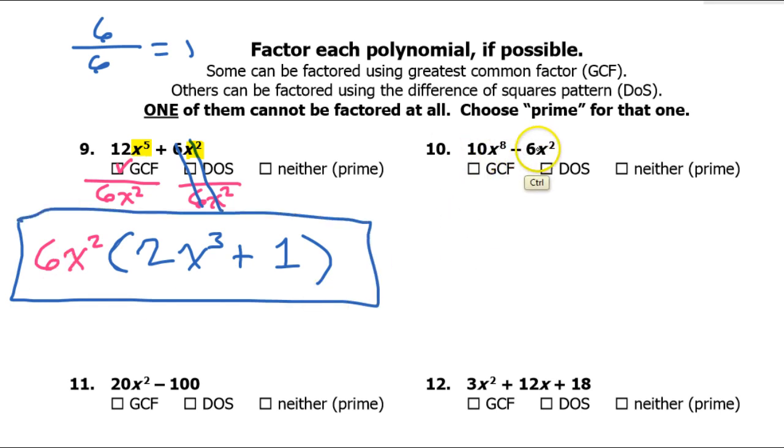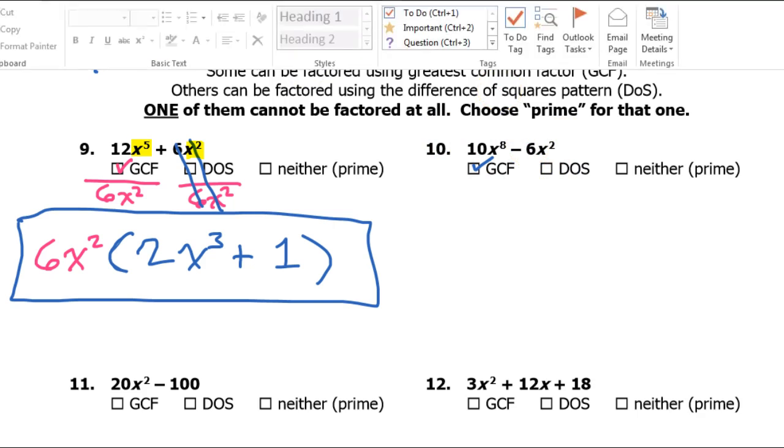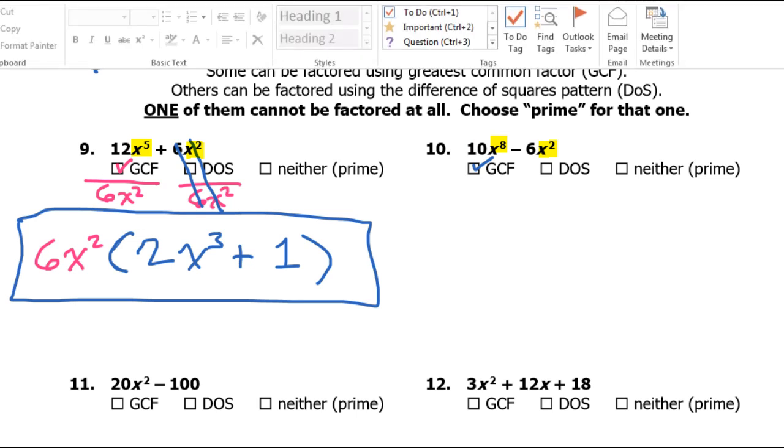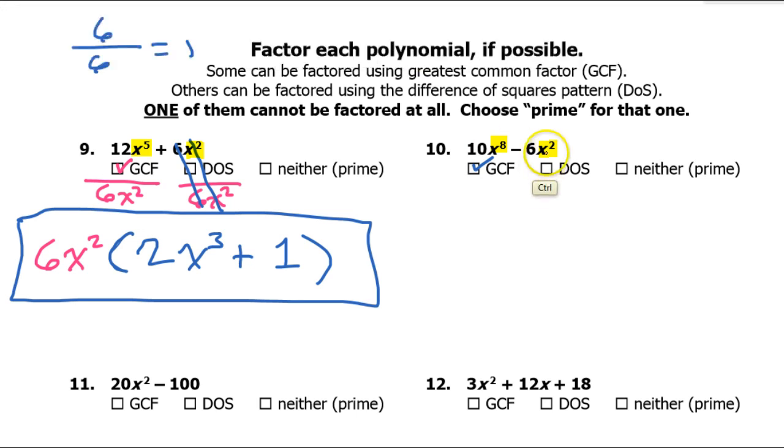Okay. This does not fit the difference of squares pattern either. But there is a common factor. There is a GCF. Both terms have variables. This one has 8 x's, this one has 2. What's the smaller amount I just said? 2.